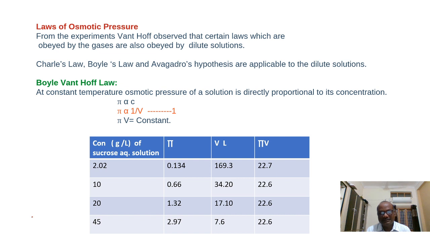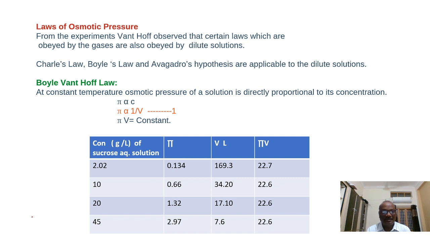When you dilute the solution by adding solvent, the volume of solution gradually increases. When the volume increases, the concentration of the solution decreases. When the concentration decreases, the osmotic pressure also decreases.